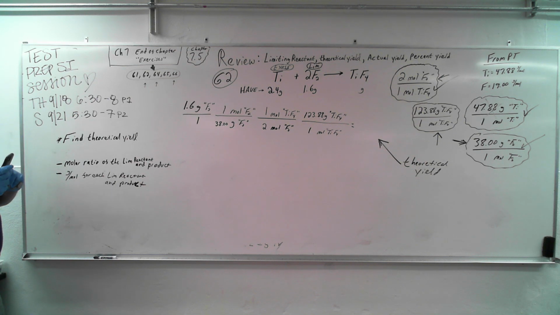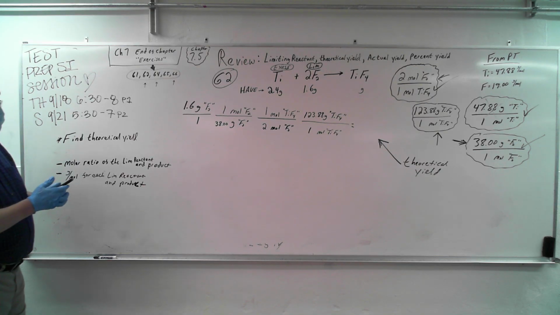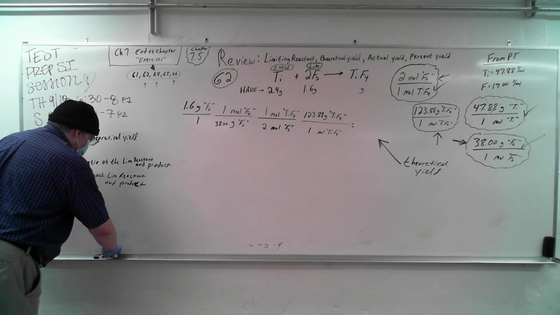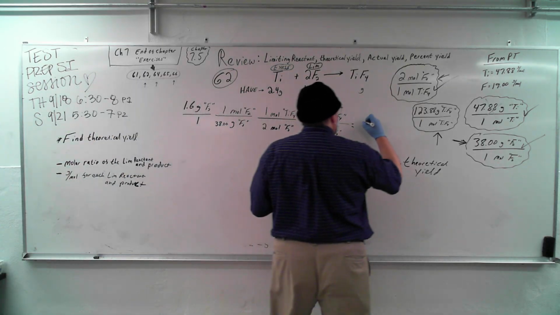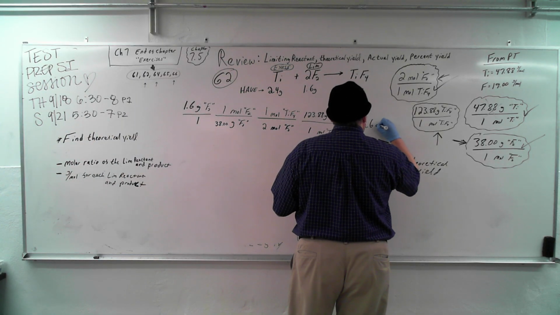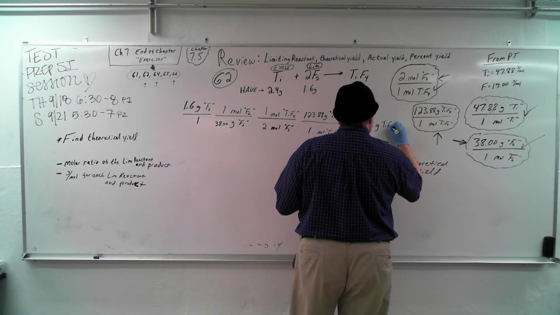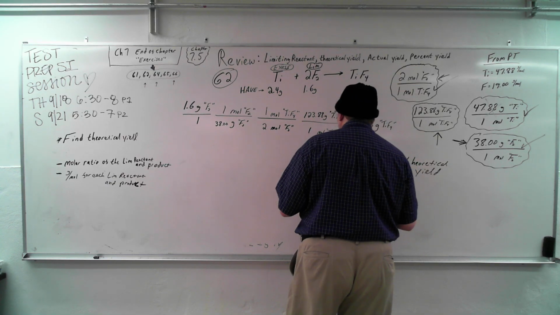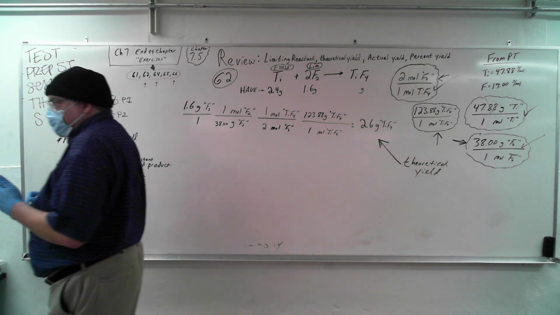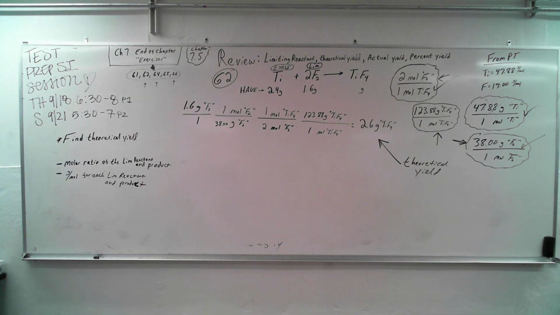And it's 1.6 times 123.88 divided by 38 divided by 2. It's two significant figures, and I got 2.6. And that's the answer. That's the end of it. We found the theoretical yield.